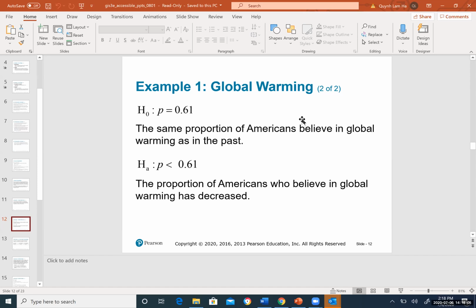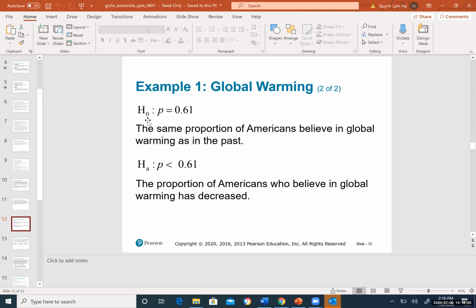Right here, they give you the solution. They write H naught and a colon right there. P represents proportion. So you write p equal to 0.61, converted into decimal. Remember, you are testing a population proportion, so don't forget to include the small p right there.